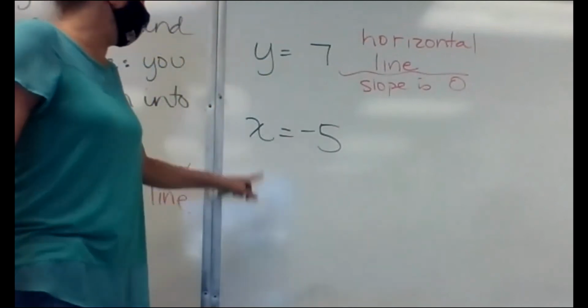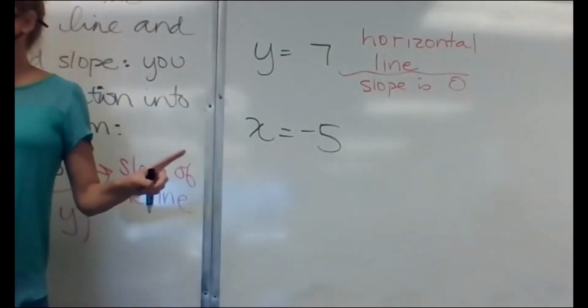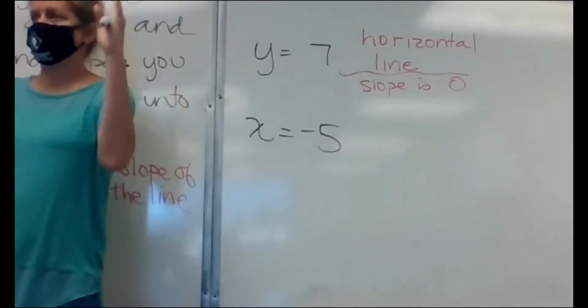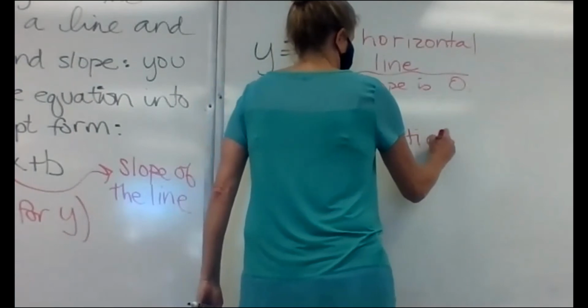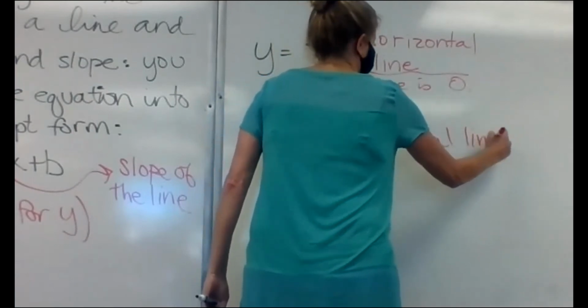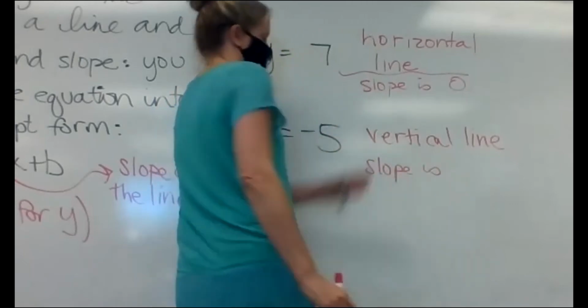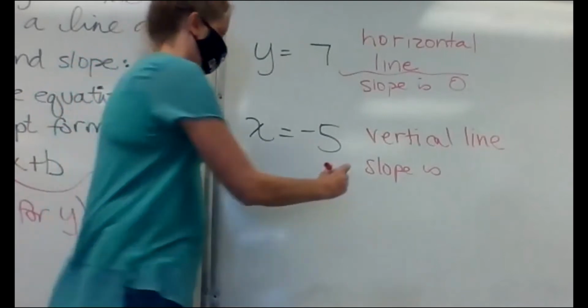The other way, if there is no y in your equation, if you graph this, it's going to make a vertical line. And its slope, what are vertical line slopes? Which one is that? Undefined.